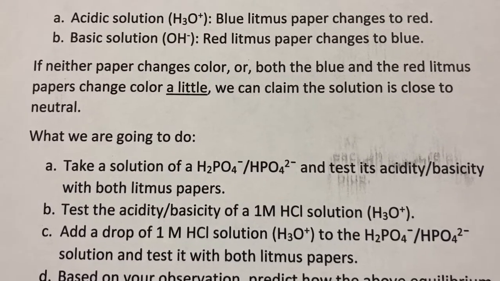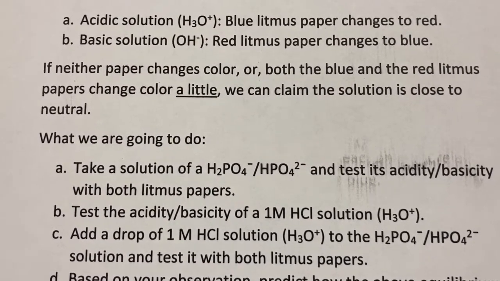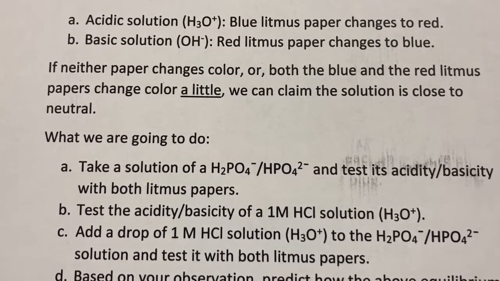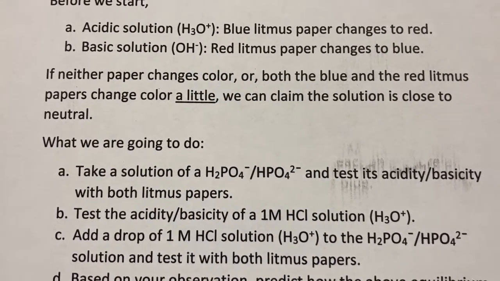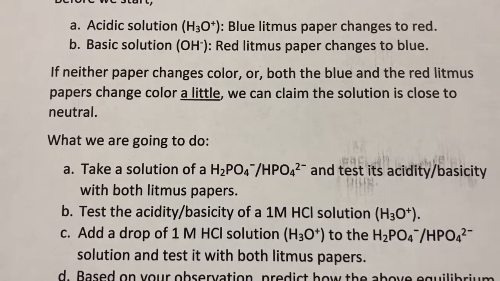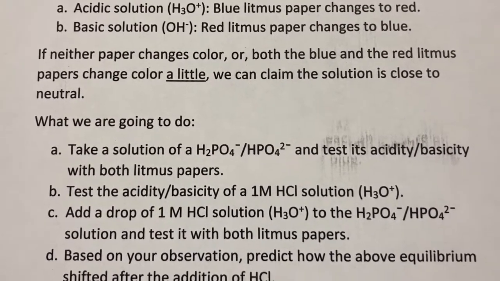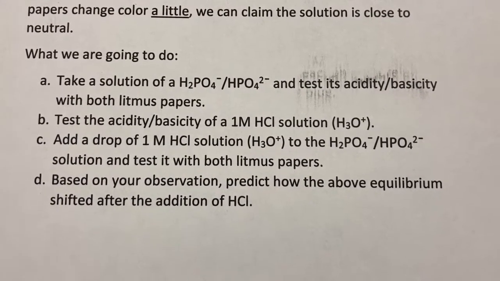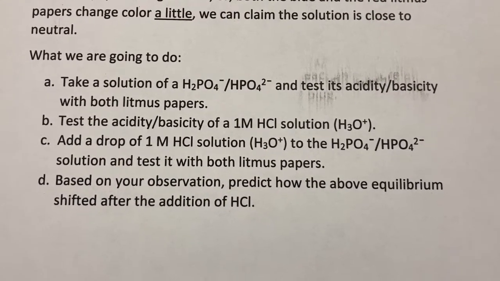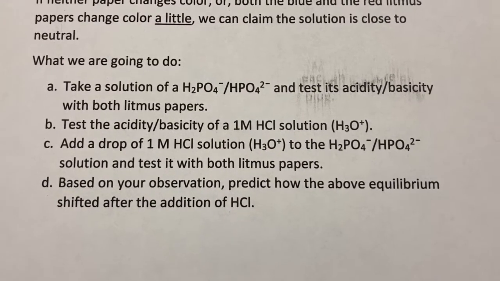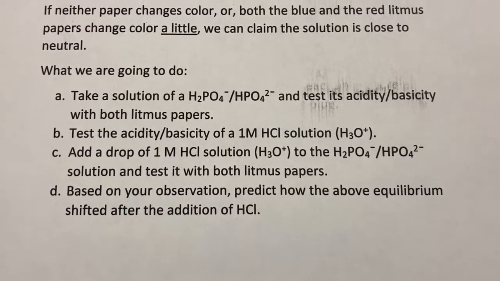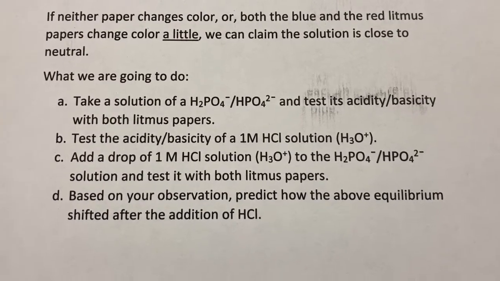This time, we will observe how the litmus paper will change color after adding acidic solution to the original mixture. After that, you have to predict how the equilibrium shifted after the acid is added. Okay? So let's go into the experiment.